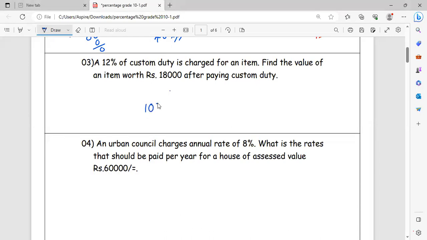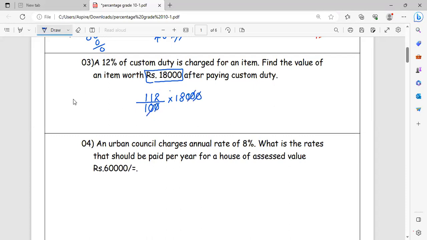If the worth of the item is 100 rupees before the custom duty, after paying the custom duty, it becomes 112. Because for 100 rupees, they have to pay 12 rupees as the custom duty. Now they ask if it is 18,000, then that means you have to multiply by 18,000. Okay. So zeros are cancelled like this.